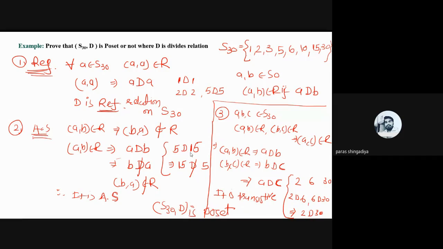If I consider any two numbers from the given set, then how can we say (A, B) belongs to R? The condition is also different in each example. So as per the condition and as per the set, we can prove the example, meaning we can check the reflexive, antisymmetric, and transitive conditions as per the relation. So is it done?